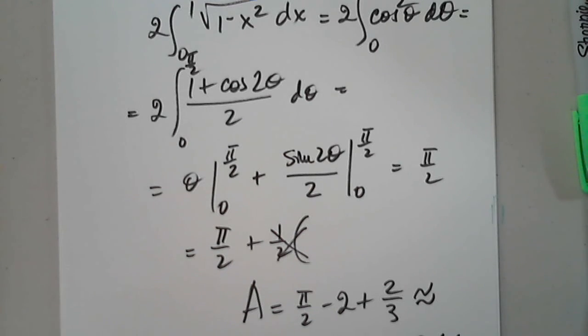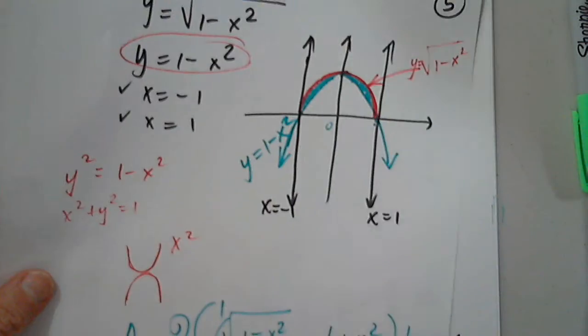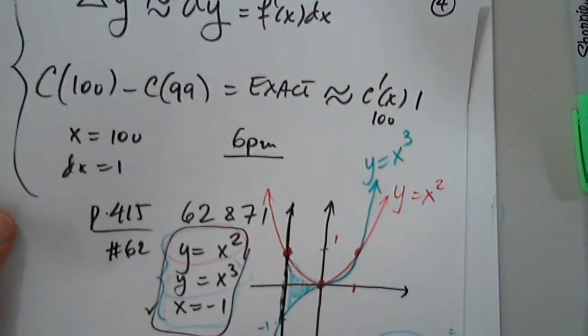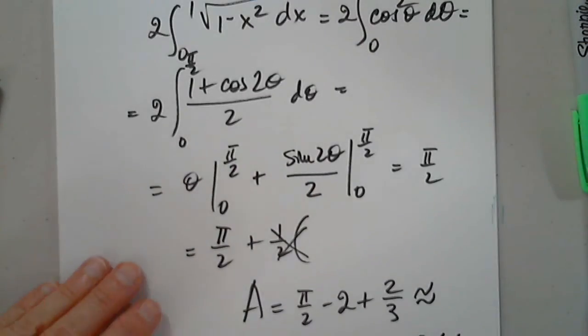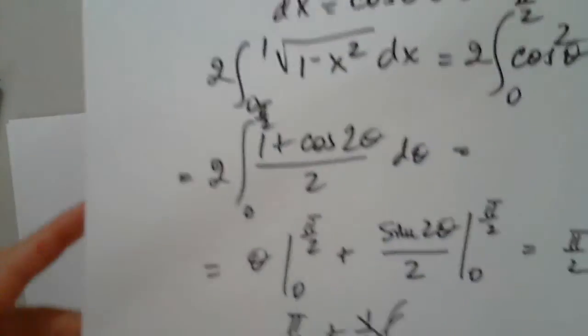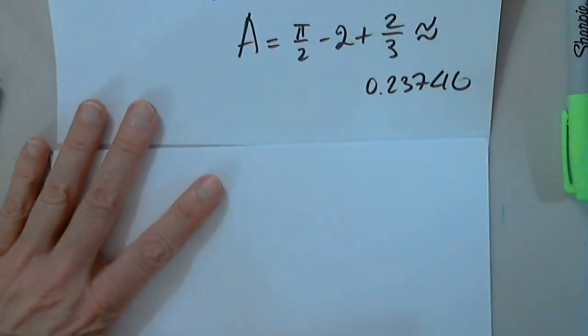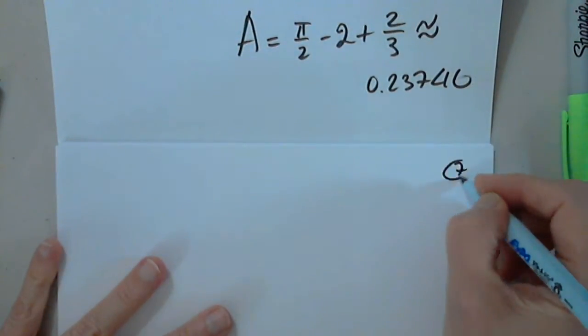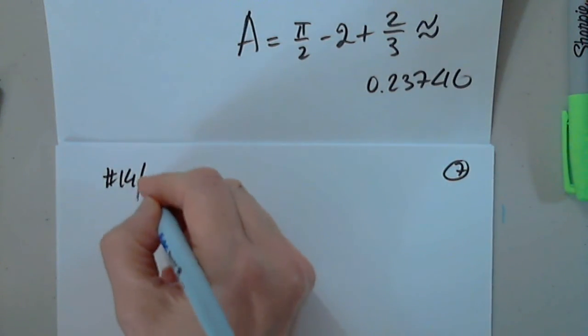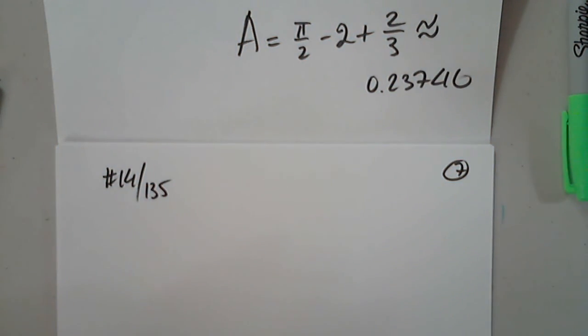Good, it was a good problem. Where is my, what was it? The other one was 14 on 135. Good, so let's take a look. 135.